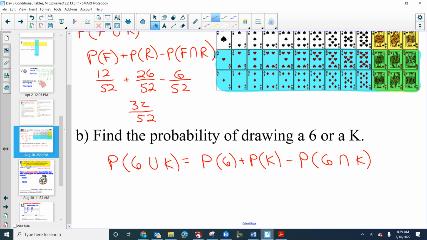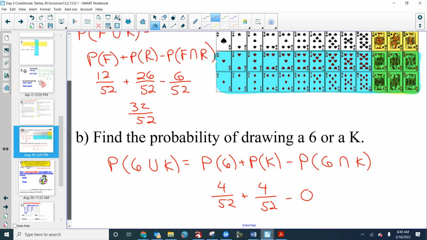How many 6s are there? 4 out of 52. Plus, how many kings are there? 4 out of 52. How many cards are both a 6 and a king? None. 0. Minus 0. Right?